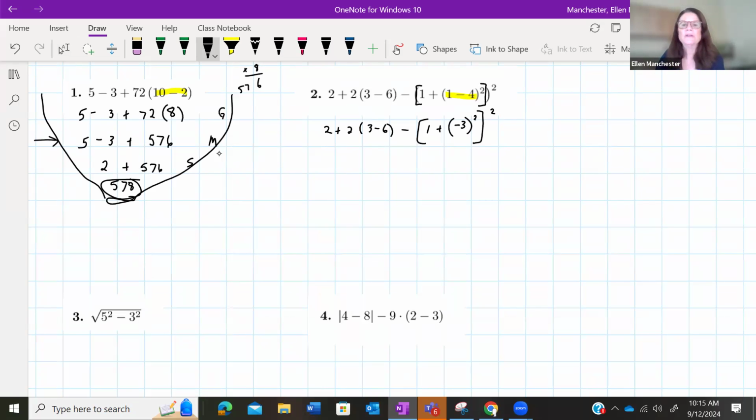All right, now what's next? Okay, so remember, it's grouping symbols. We already got rid of the grouping symbols on the inside, and then it's exponents. So inside the bracket, we're going to do the exponents. So -3 squared is 9.